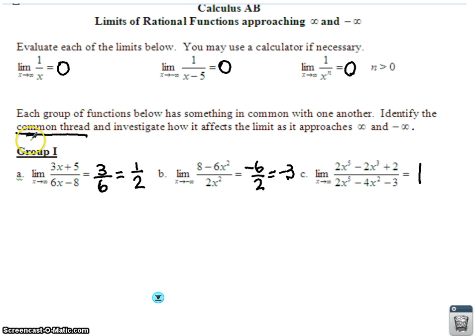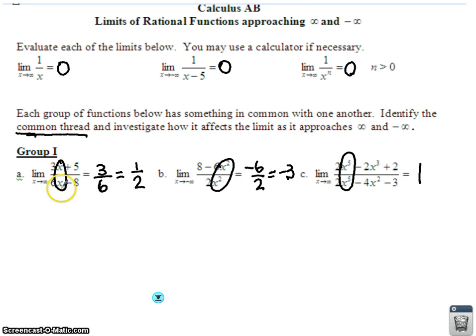Now, do you understand what the common thread is? Did you find out what the common thread is? Take a moment again, if you didn't look, and look at those, and look here. What do you notice? They all have what? The same degree.